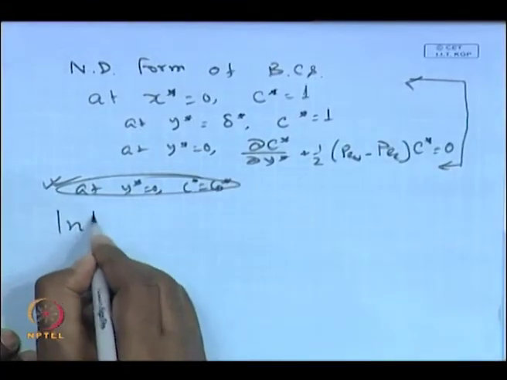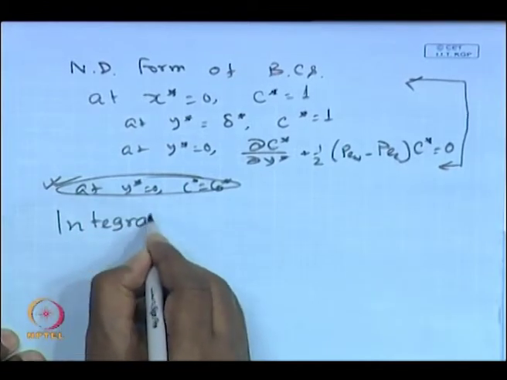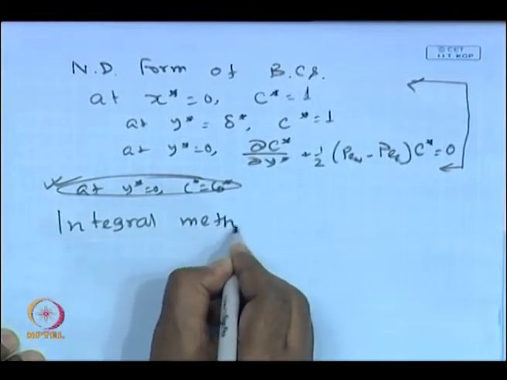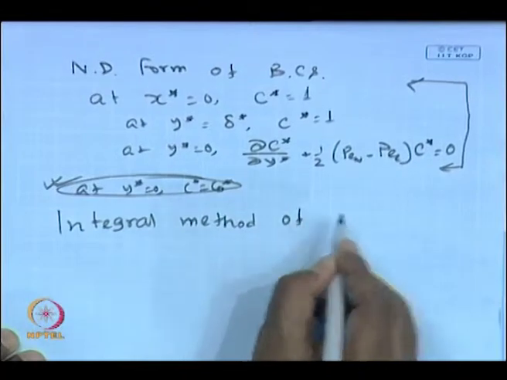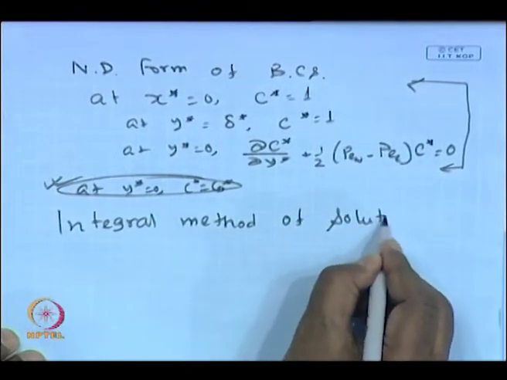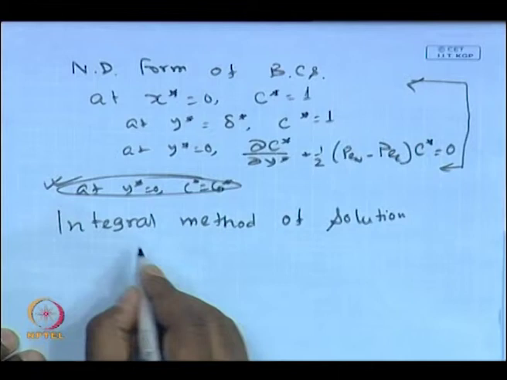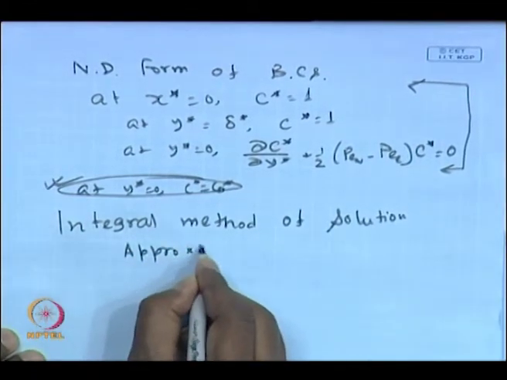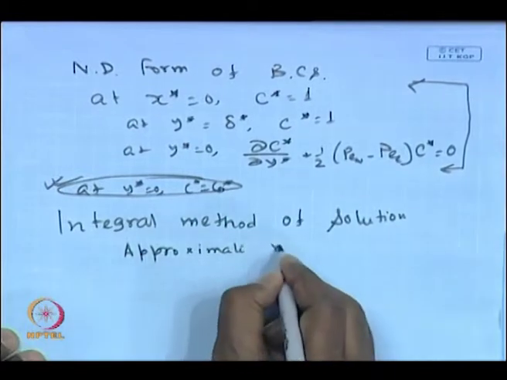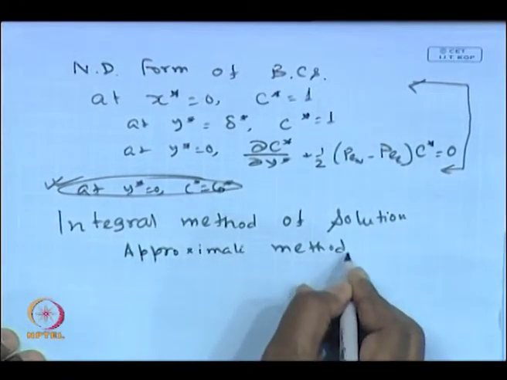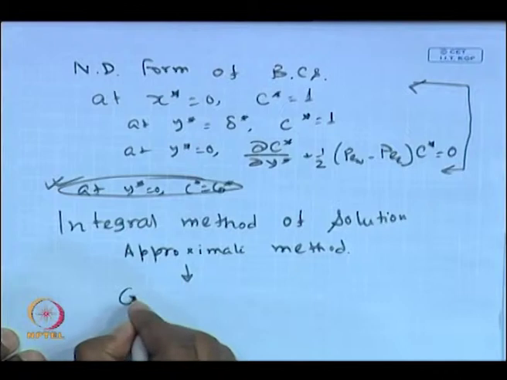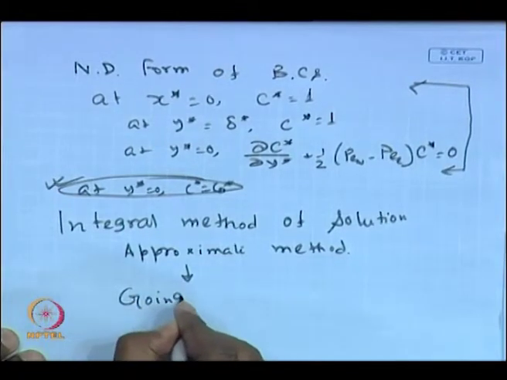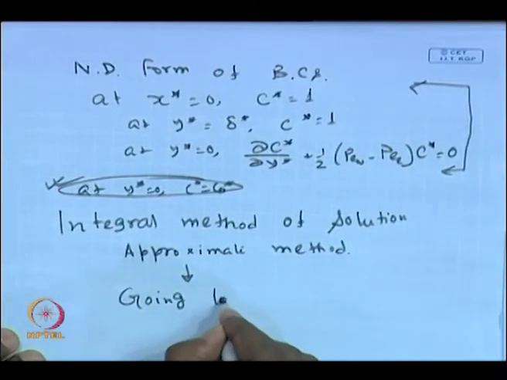Why is it an approximate method? Because you are going to assume a concentration profile.